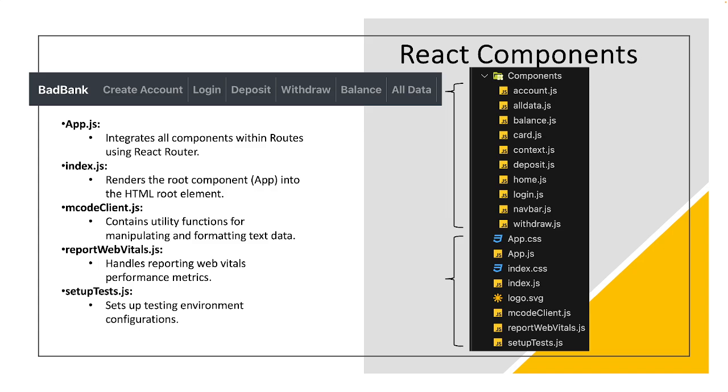Below that, you just have the additional files that React creates when you initially create a React app. That includes app.js, index.js, and the code client.js, which is separate from the React components. But then the other 2 remaining files are just for testing and performance metrics. We won't get into that too much.